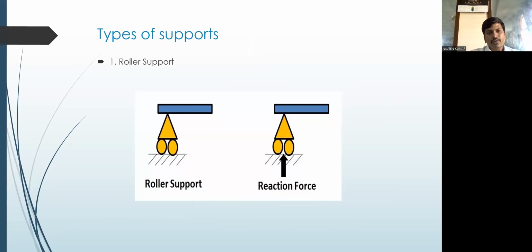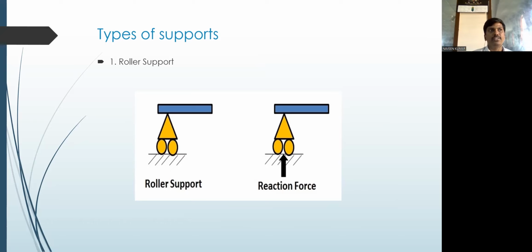Next, we are going to discuss the different types of supports. The supports are mainly classified into three types. The first one is roller support. This roller support resists only vertical forces.